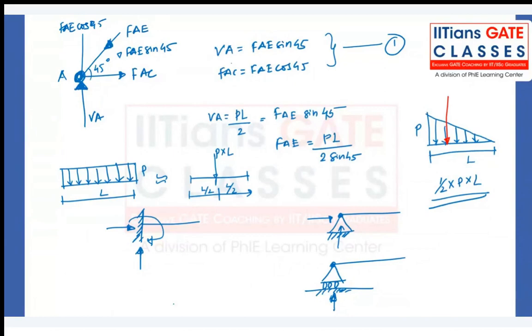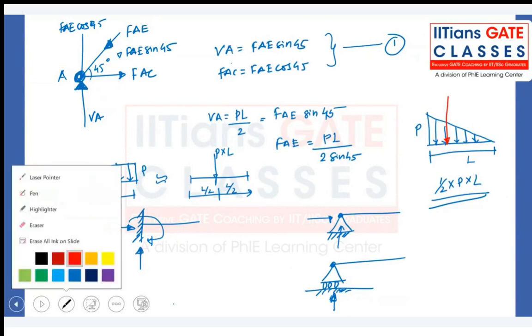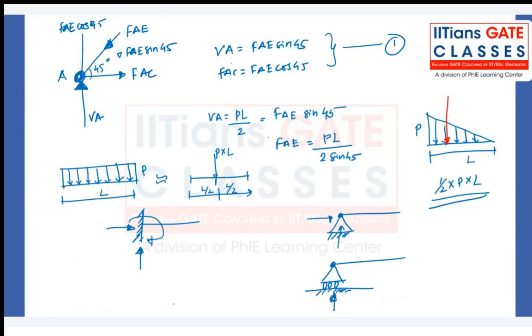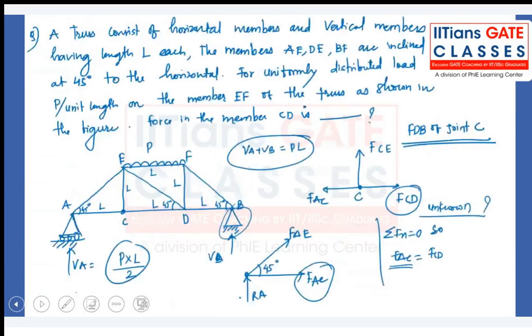So FAE, I hope everyone understood that FAE is equal to PL divided by 2 sine of 45. And what we said in the previous slide is, we got FAE, but how to calculate the FAC?